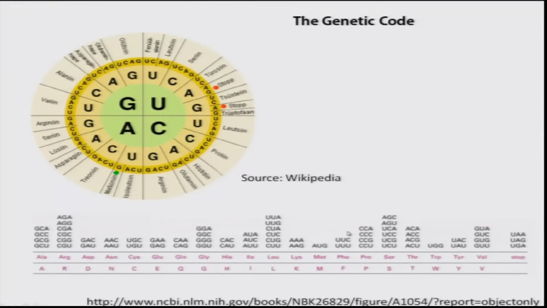So, this is the code: the 4 bases that you find in the RNA, A, G, C, and U, can have as many combinations as are shown here, and each one of them has a certain specific code. For example, 4 different codes of triplets give the same message that it has to make alanine.